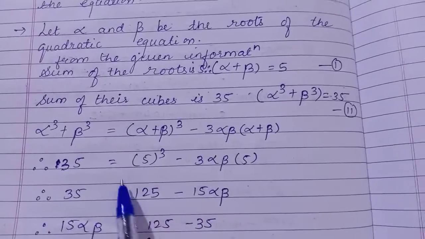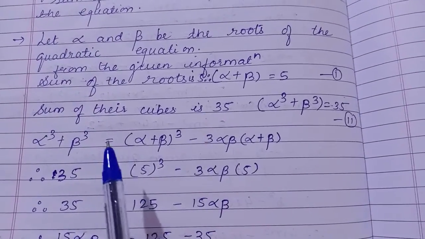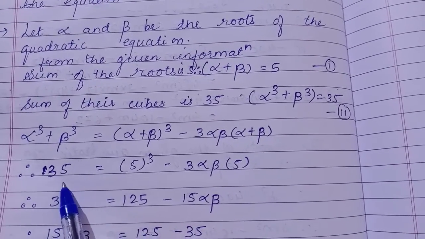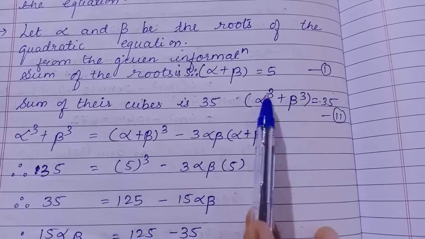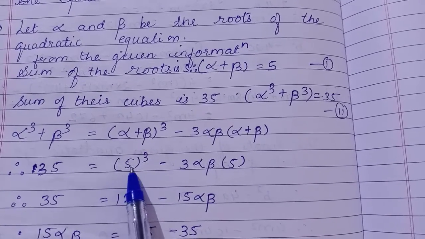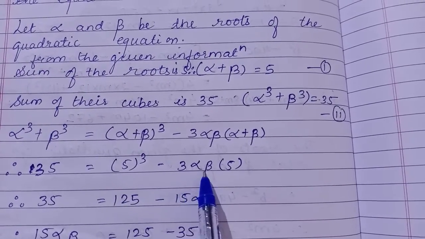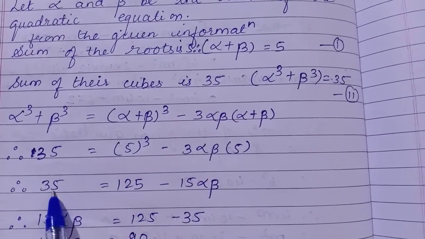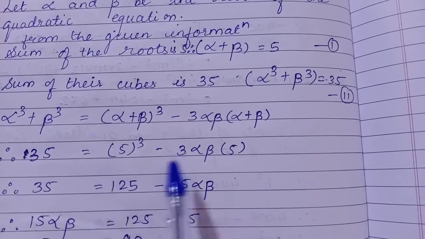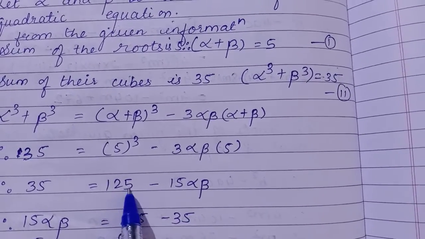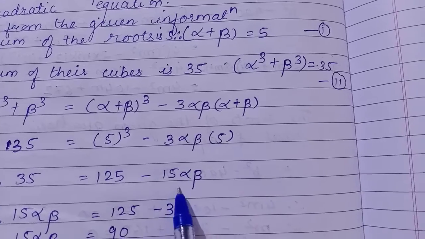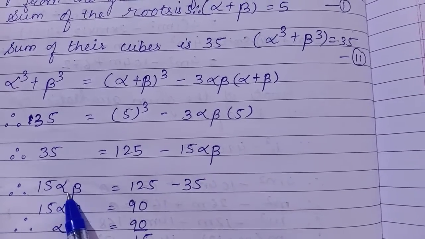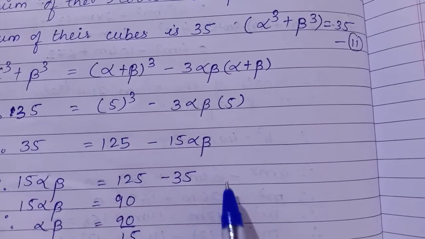We can substitute the values, as it is given that alpha cube plus beta cube is equal to 35 and alpha plus beta is 5. Putting the values here, and 3 alpha beta into 5, after solving we'll get 35 is equal to 5 cube, that is 5 5s are 25, 5 25s are 125, minus 3 5s are 15 alpha beta. Now arranging it, we take this term to the other side and 35 to this side.